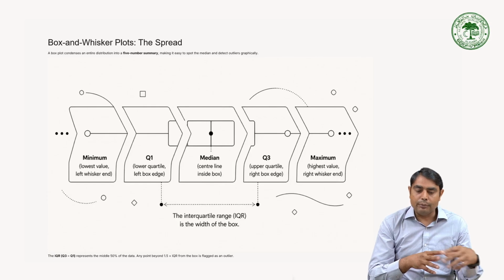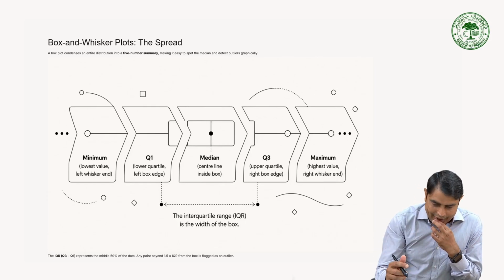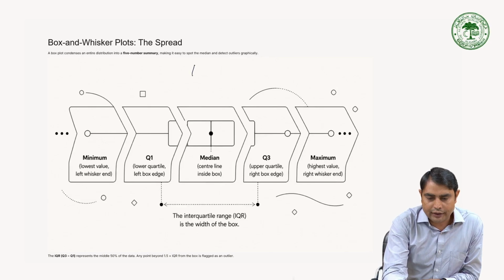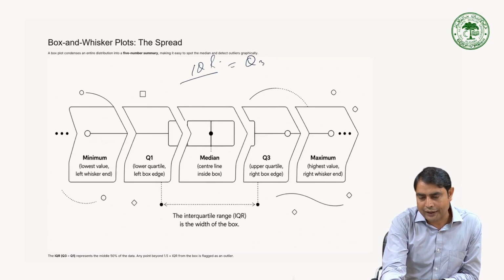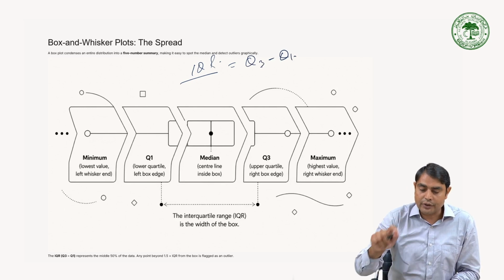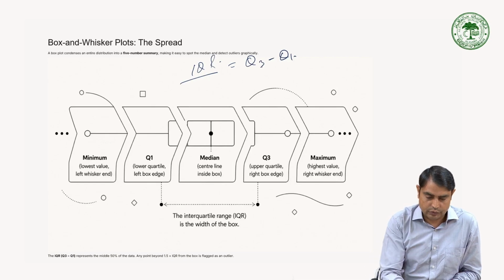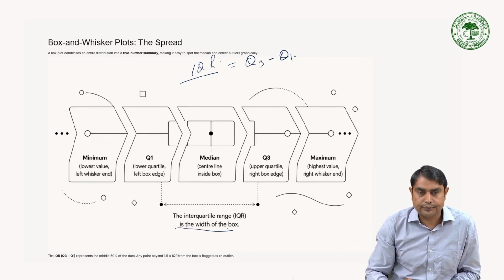In between lies the median, and you can find out the IQR, the interquartile range, which is nothing but what? Quartile 3 minus quartile 1. And this IQR actually represents the width of the box. So this is the width of the box, correct?